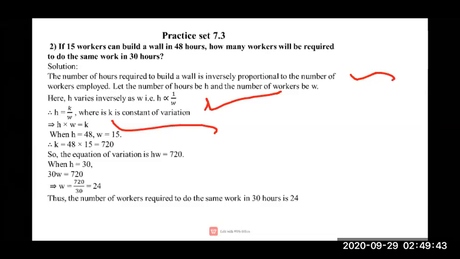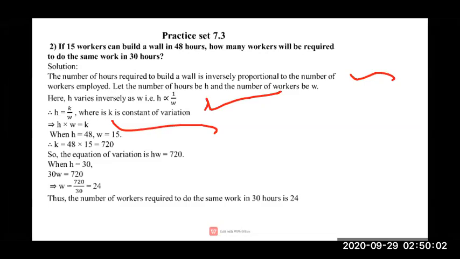So 30w equals 720. Now w equals 720 divided by 30, and we get 24.